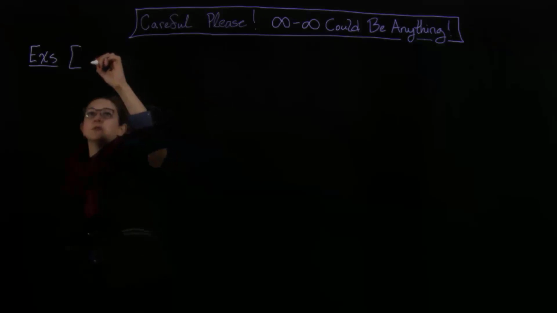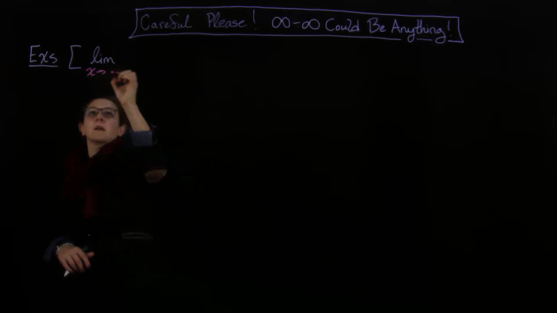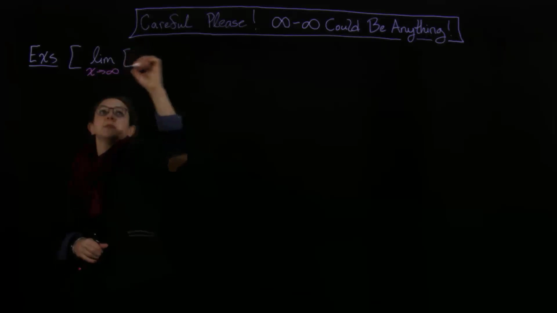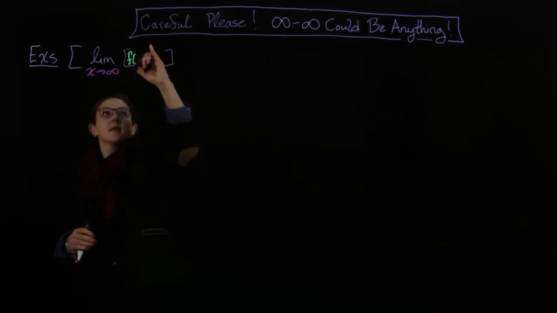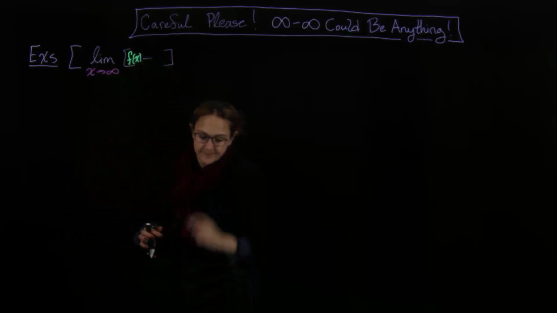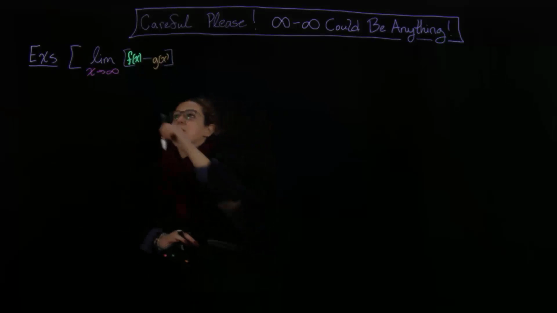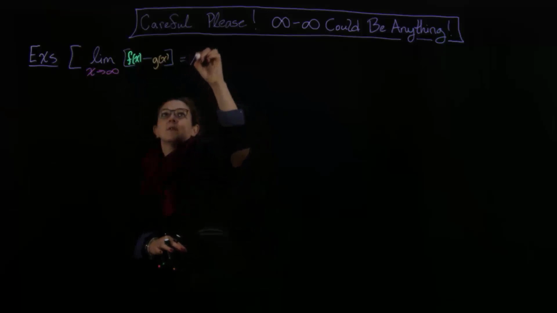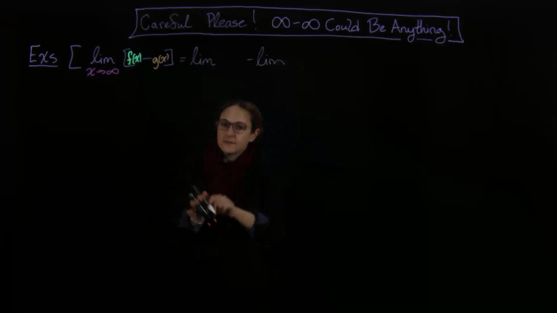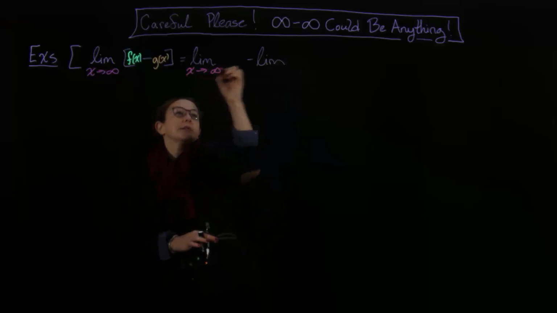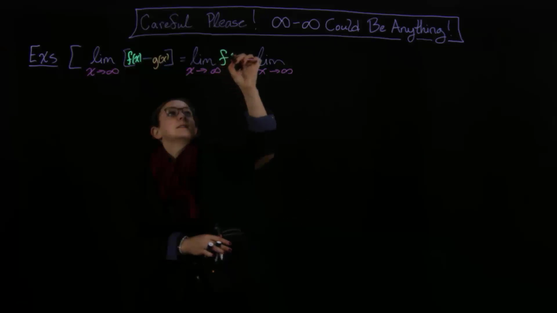If I took the limit as x went to infinity of the difference between these functions, f of x and g of x, and I took these two limits separately, whatever x is going to, maybe it's infinity, it doesn't actually matter, it's just the outputs that matter.